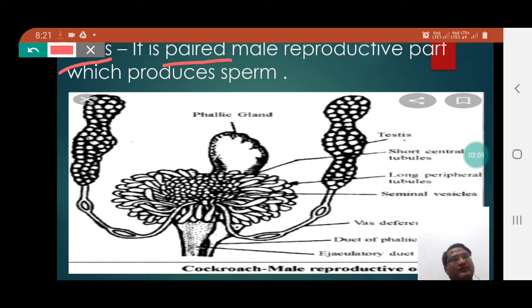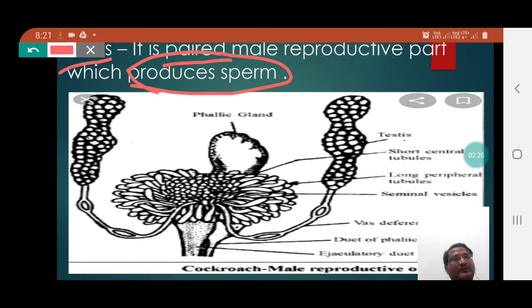And the main function of which is to produce sperm. Students, testis generally remains present in the fourth and fifth segment in cockroach.